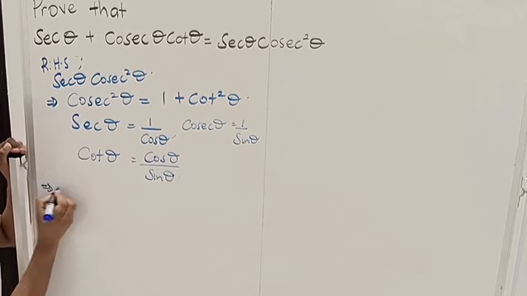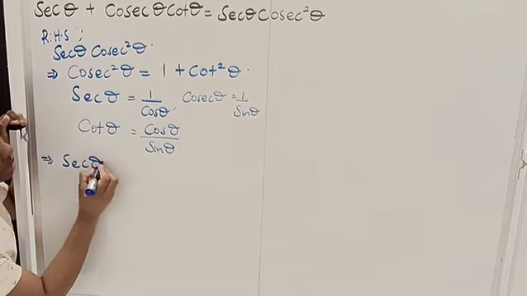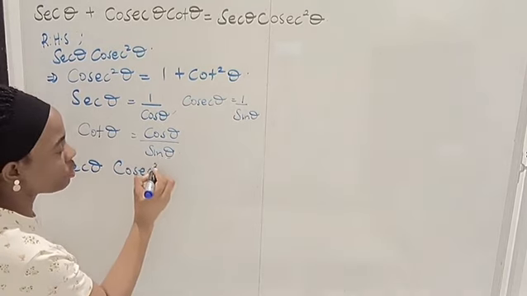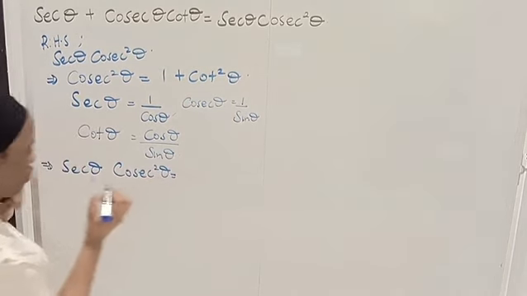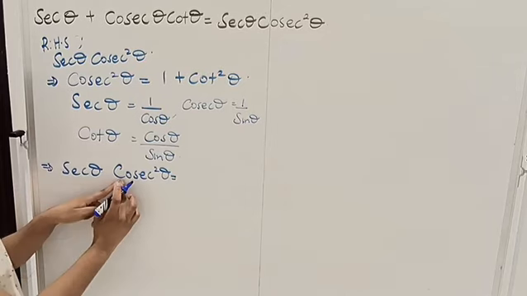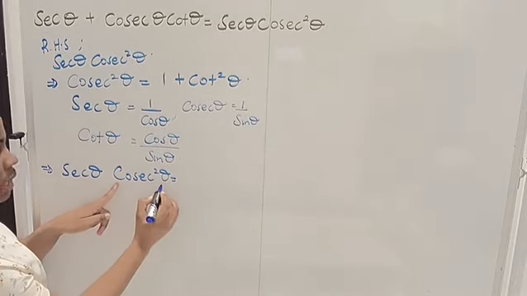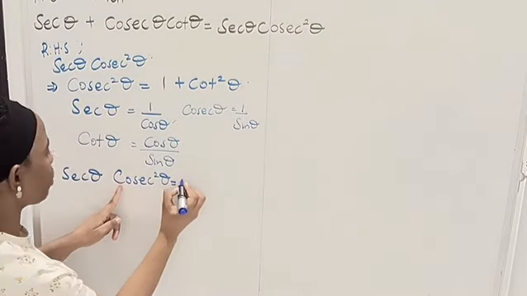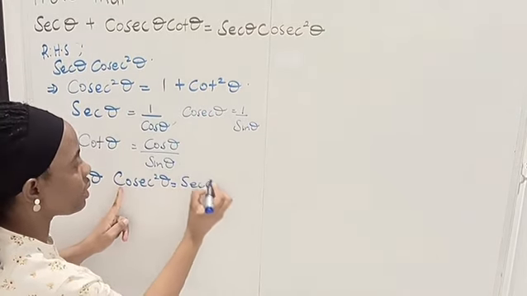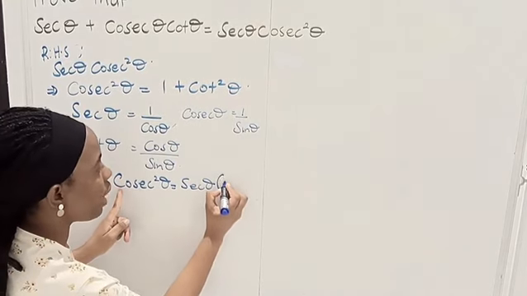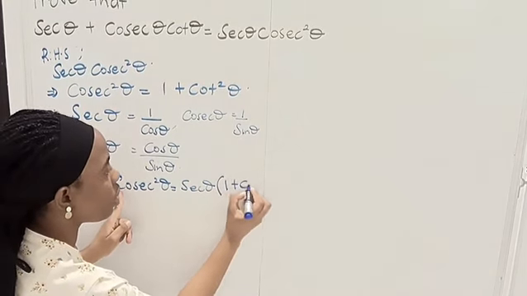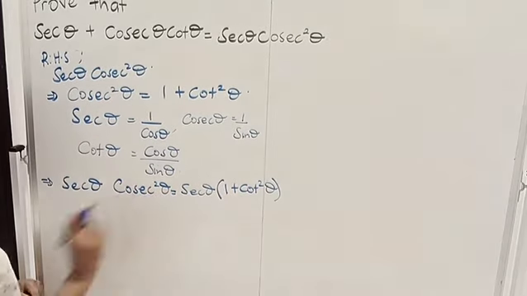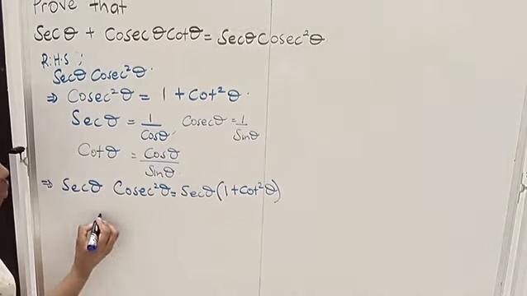This implies that sec theta cosec squared theta is equal to, now first bring this, where you see cosec squared, put 1 plus cot squared theta. This is going to be sec theta, open brackets, and put 1 plus cot squared theta. Then a plus has been introduced. Now let us open brackets.